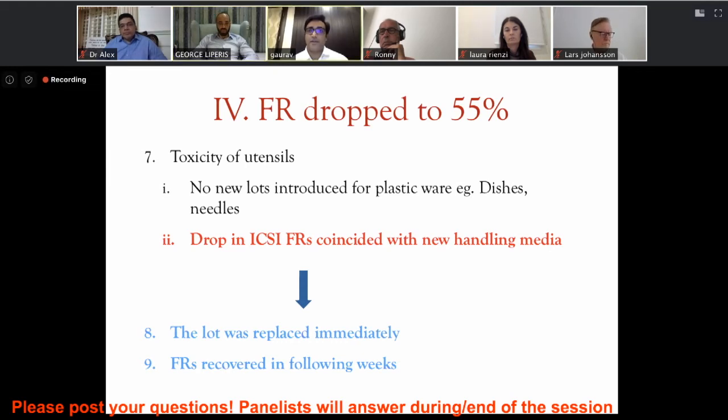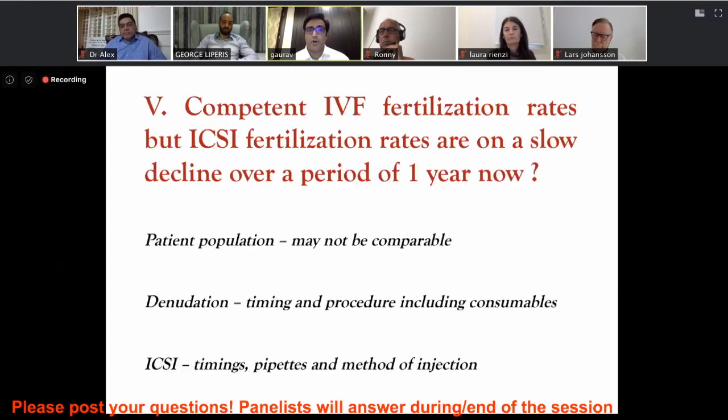Right. So thank you, George. What we understand is that you think that toxicity of the utensils, or in other words, the consumables, is very important. Laura, now if one has competent rates in IVF, however, if the ICSI fertilization rates alone are showing a slow decline over a long period of time, this is not something which happens suddenly.